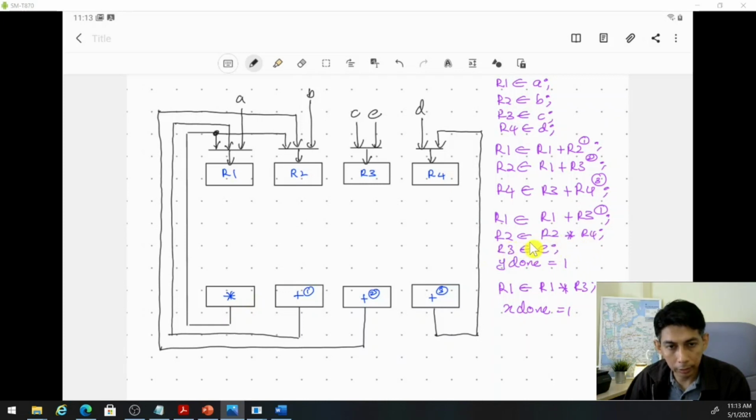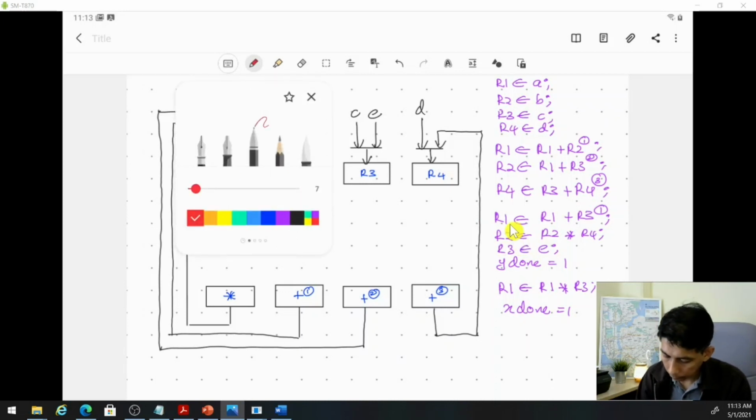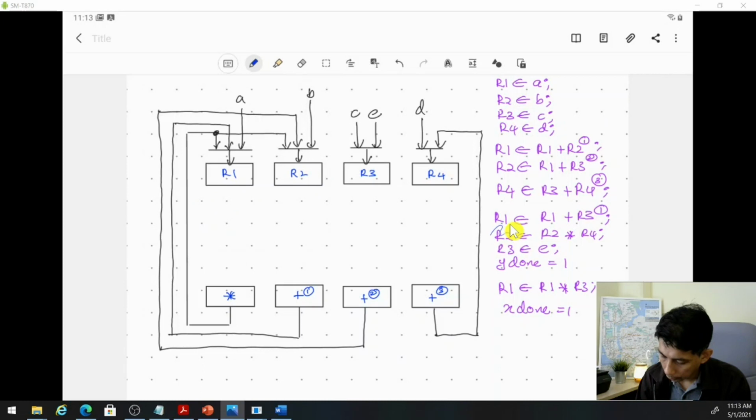First one is this one, and the second one is this one, right?